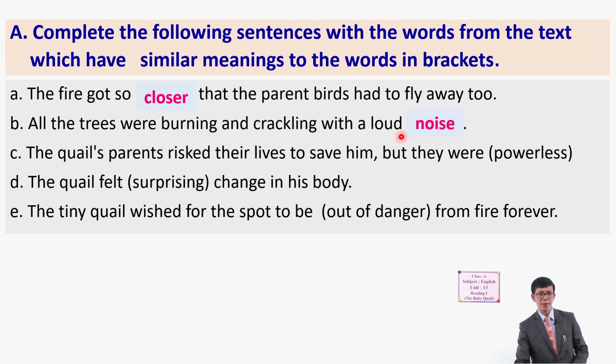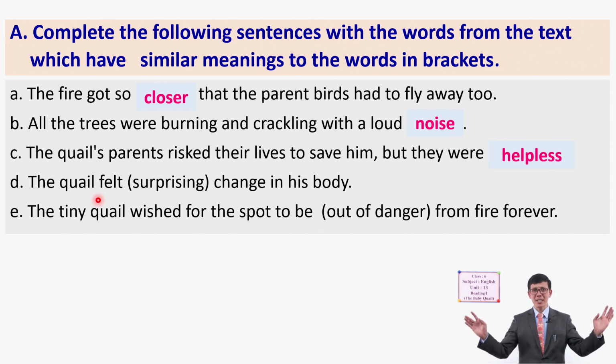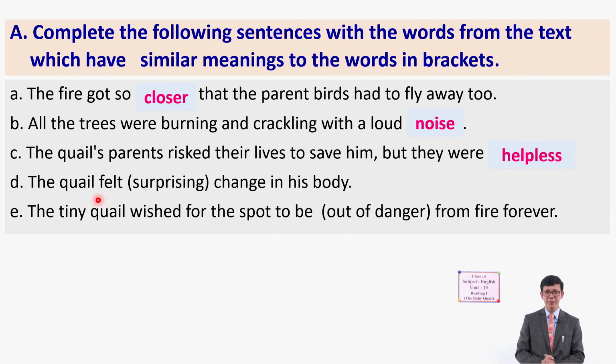What about next? Powerless. The quail's parents risked their lives to save him, but they were powerless. Have you got the word? Very good. That means helpless. Powerless means helpless, so you got the right word there. And what about the next one? Surprising. The quail felt surprising. Have you found the word? Right.